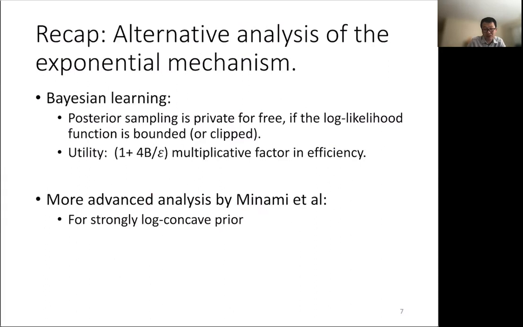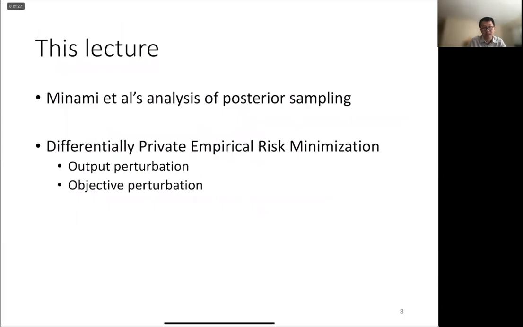That allows us to obtain a stronger bound that achieves stronger utility for the same posterior sampling algorithm without the bounded log likelihood assumption, and it also achieves an interesting improvement in the privacy utility trade-off, right? So this is where we left off in the last lecture.